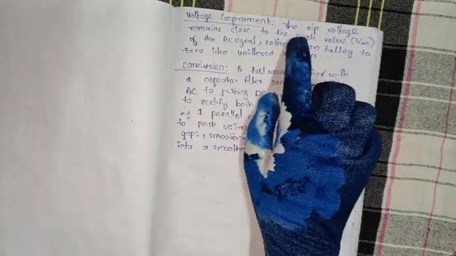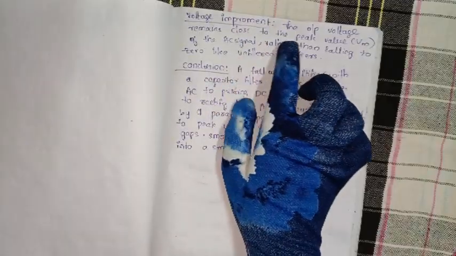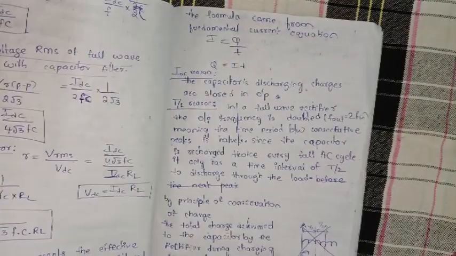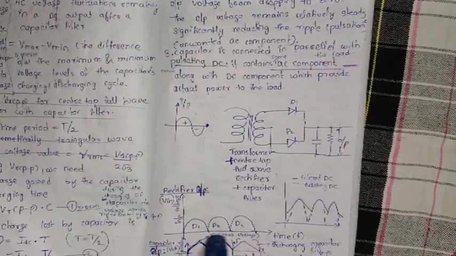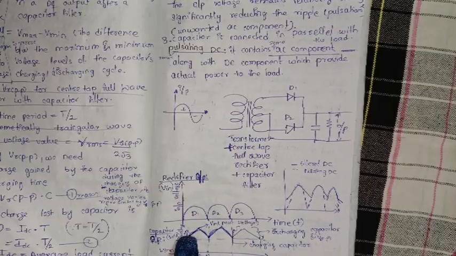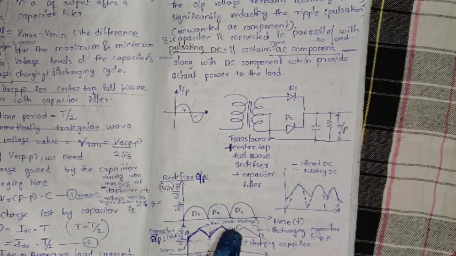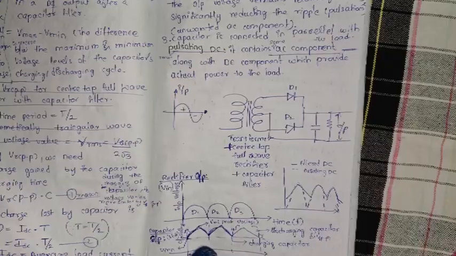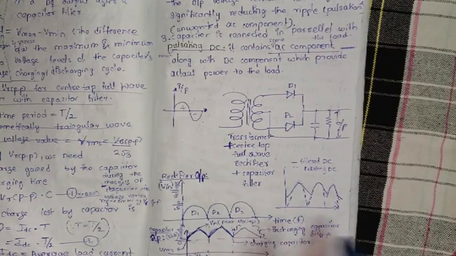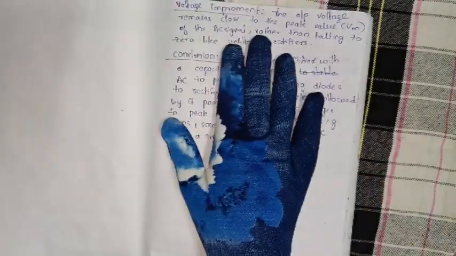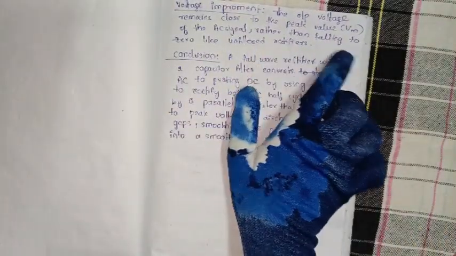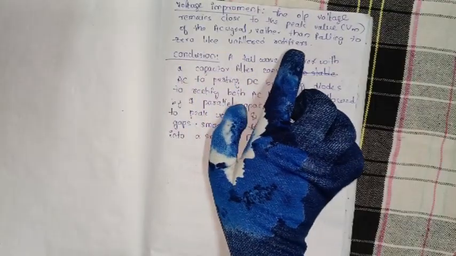So this is nothing but saying that ripple is reduced. Here is the peak value now. The voltage is close to the peak value. It does not reach zero.